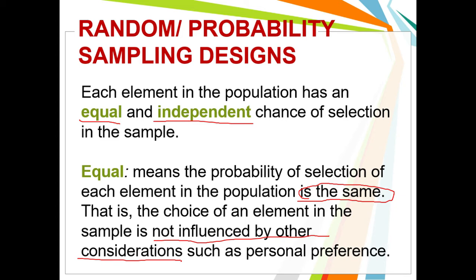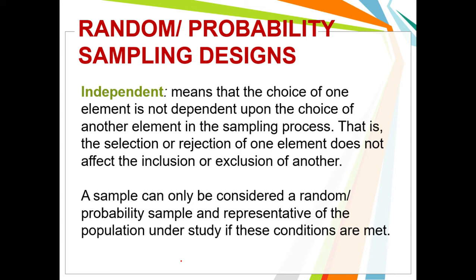Okay? Yung independent naman, it means that the choice of one element is not dependent upon the choice of another element in the sampling process. That is, the selection or rejection of one element does not affect the inclusion or exclusion of another. Okay, independent. Okay?